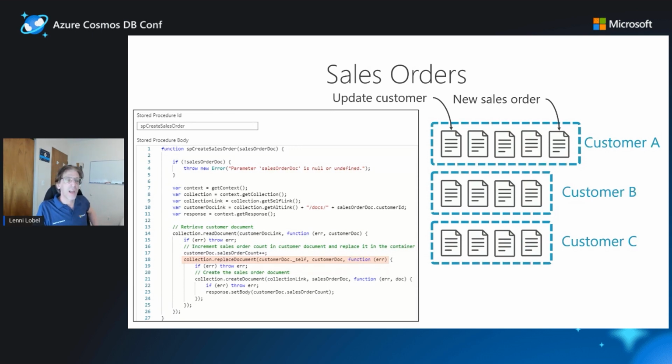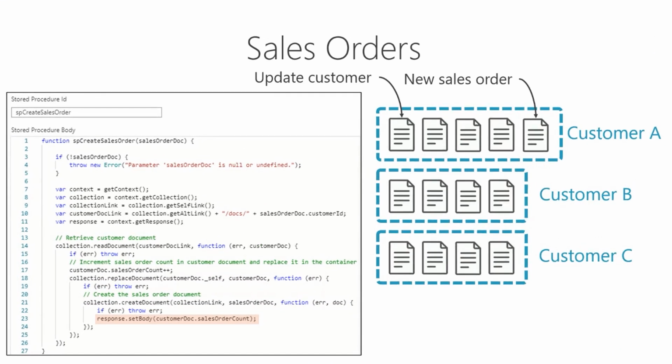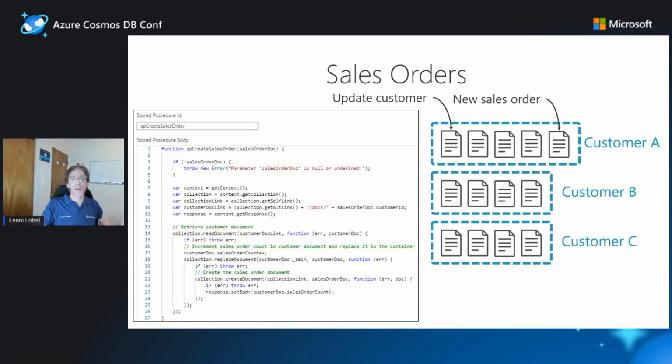So it's been written to the container but not committed. And then we can create the new sales order document and return, let's say, the new count because we want to return something. Only when the function completes successfully does everything get committed: the new order is written, and the customer document is updated, all at the same time.